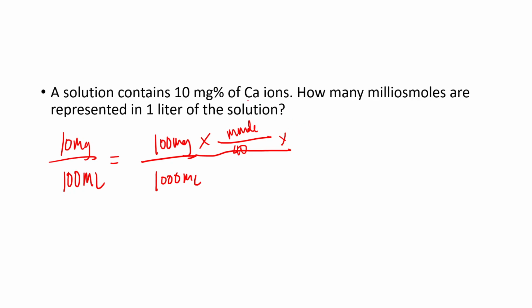Since it's a plain calcium ion, it's only one. So how many milliosmoles per liter? That is 100 divided by 40, 2.5 milliosmol per liter.